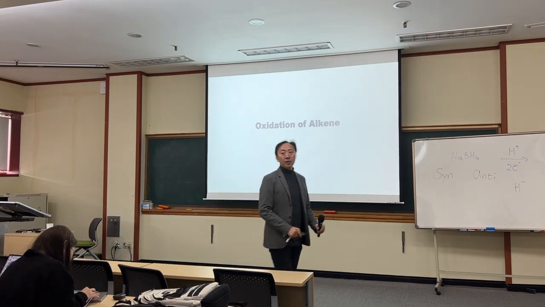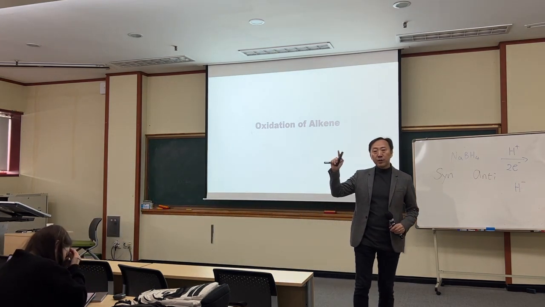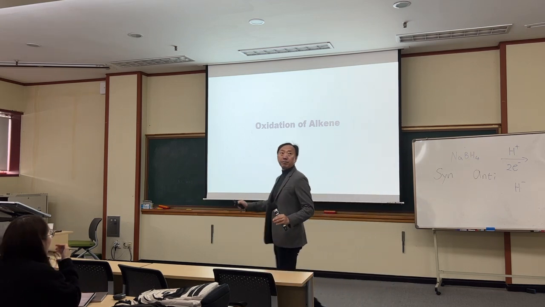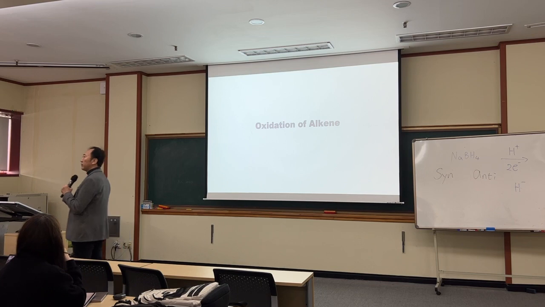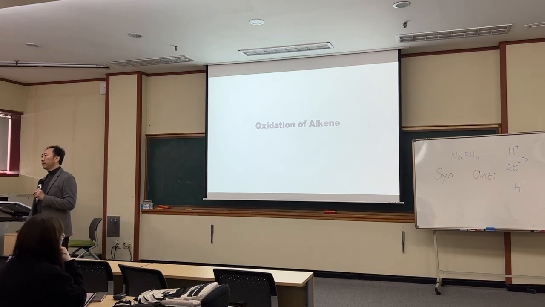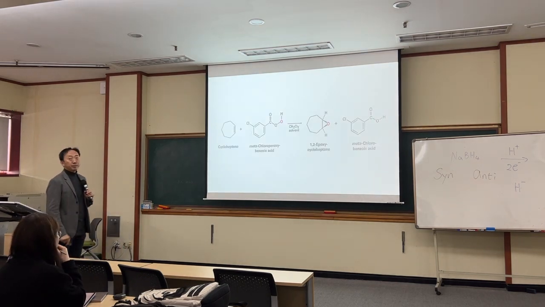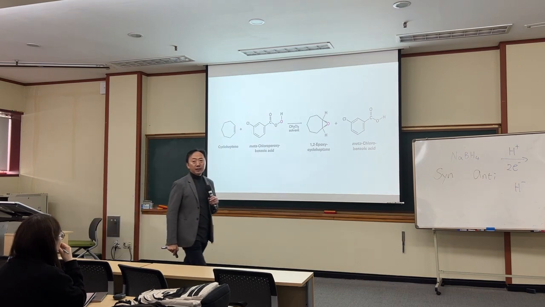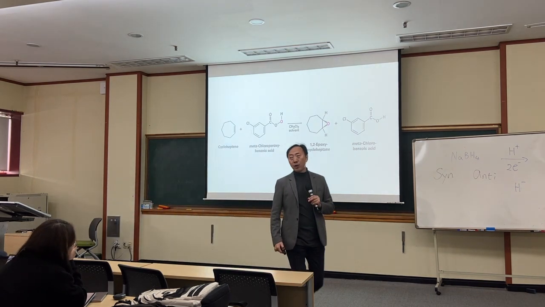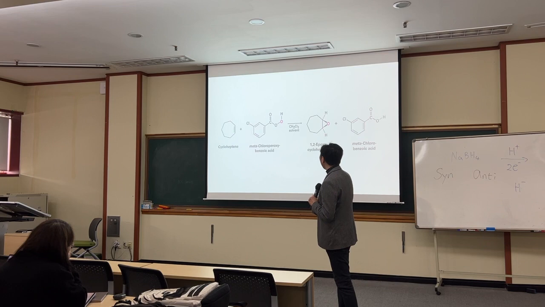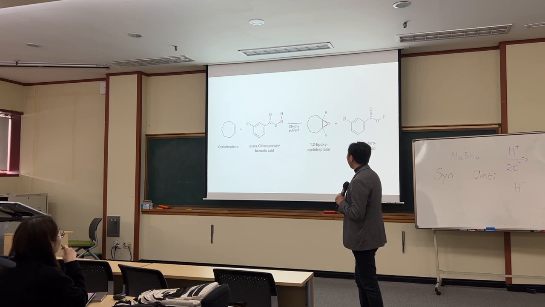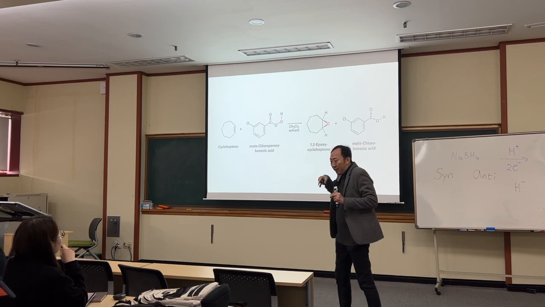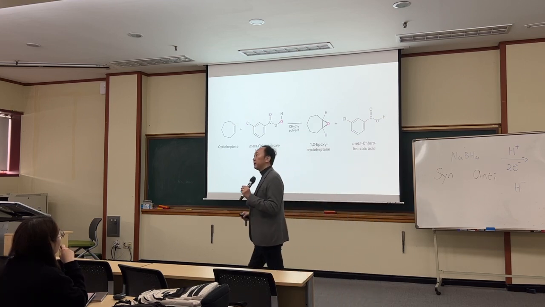So for now, we just learned only one chemistry: metal catalyst on a metal surface, and then adding two hydrogens together. Syn addition. Okay. Oxidation. If you add H2O2, or one side is replaced with an R group, ROOH, then onto this double bond, one oxygen is inserted as a bridge.